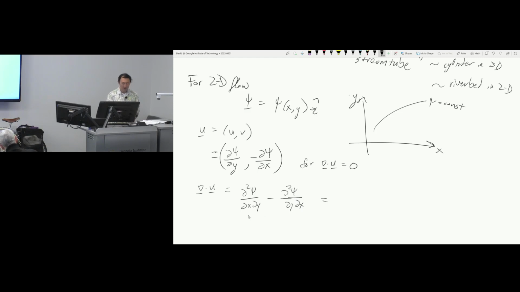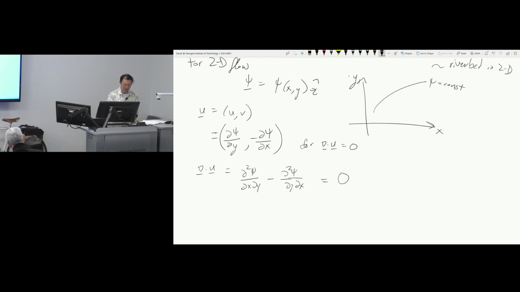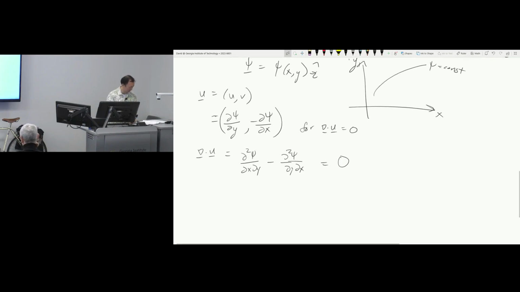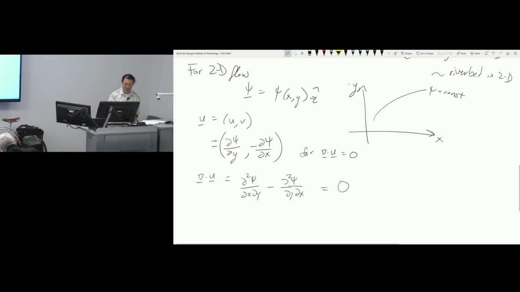Because differentiation is commutative, this is going to be 0. So you can see that that's a pretty good definition. That shows that your u is going to satisfy conservation of mass. We just said without proof that lines of constant psi correspond to the streamlines.